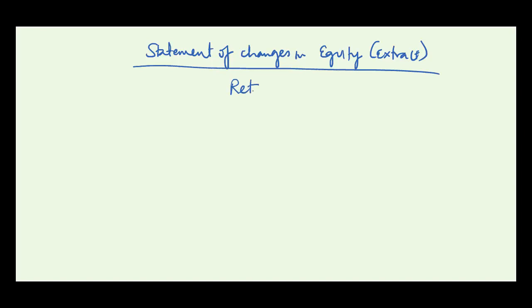So we have my retained earnings and we have my NCI.